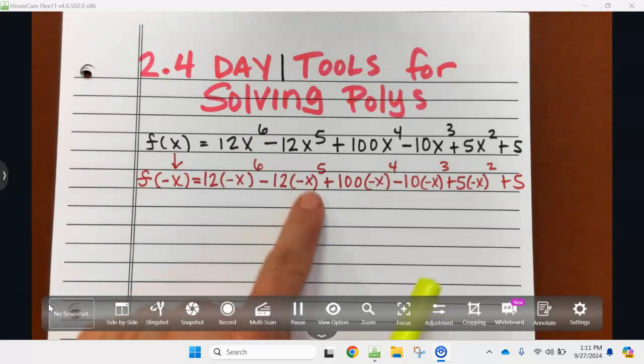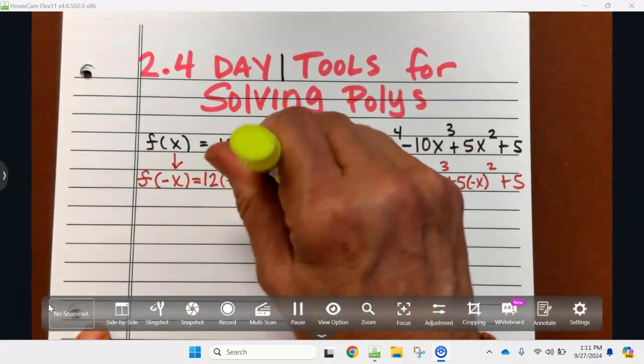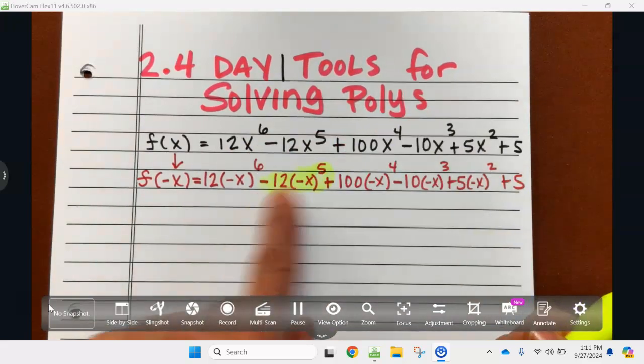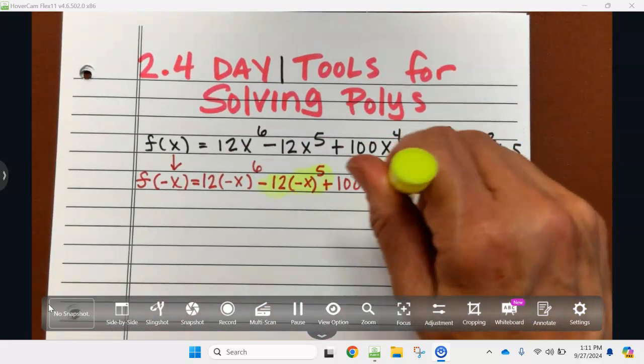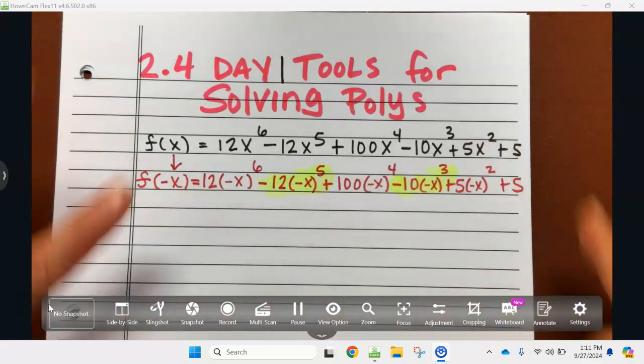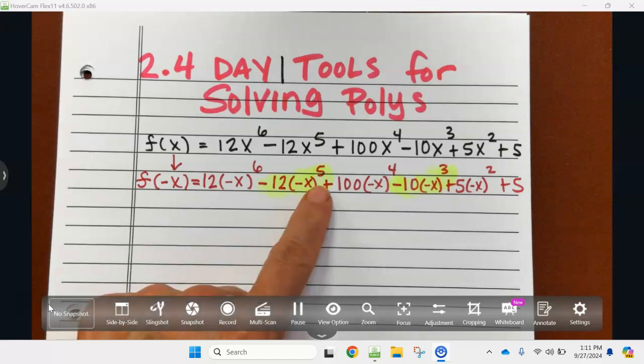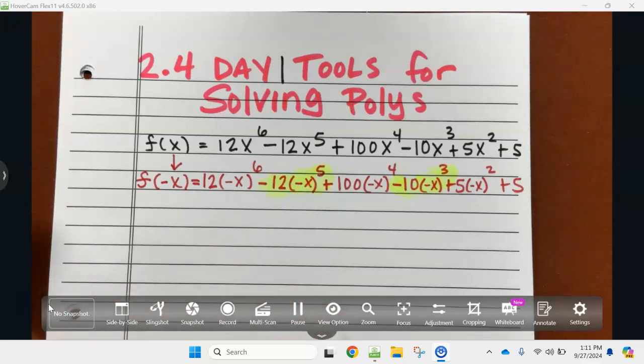However, a negative raised to an odd exponent, the sign is going to change. So I'm going to highlight the odd exponents because those signs are actually going to change. When I simplify and recognize the properties of raising a negative to an even exponent and to an odd exponent, this is going to get simple.